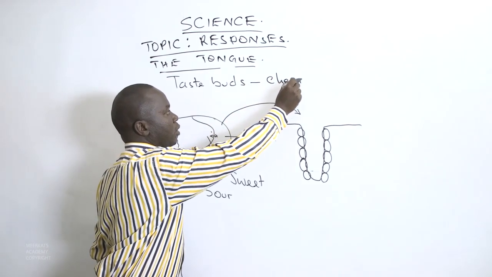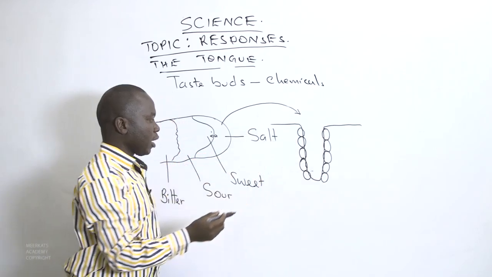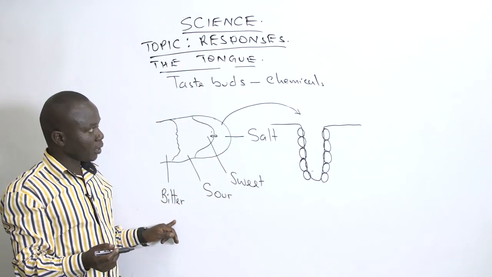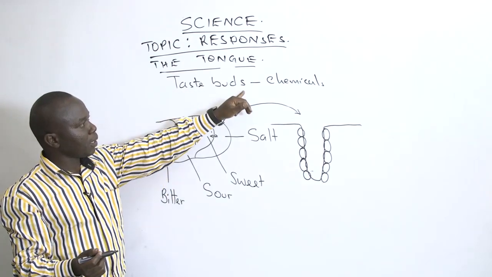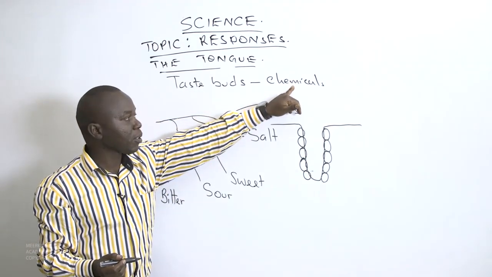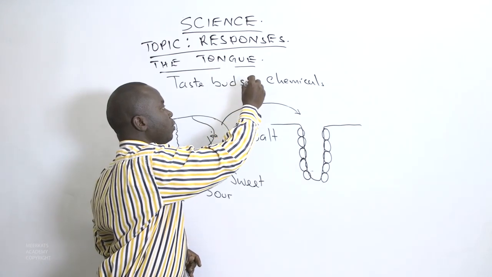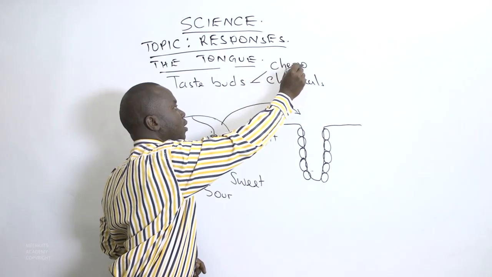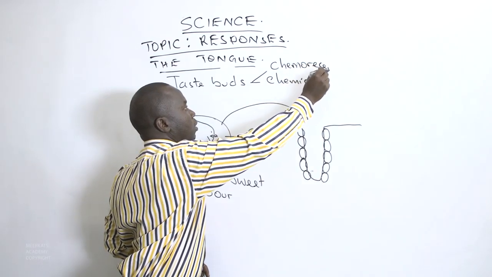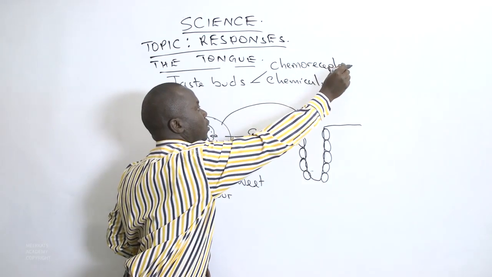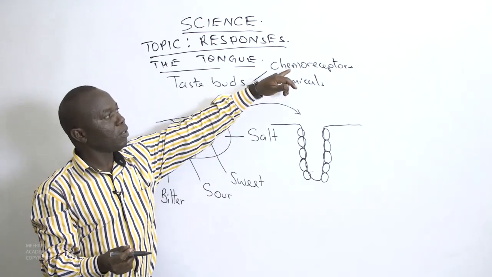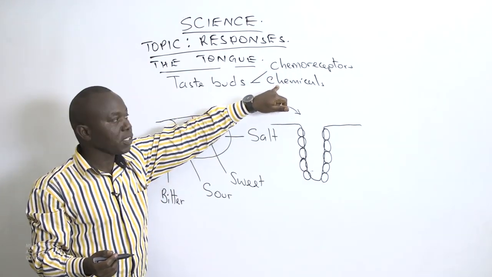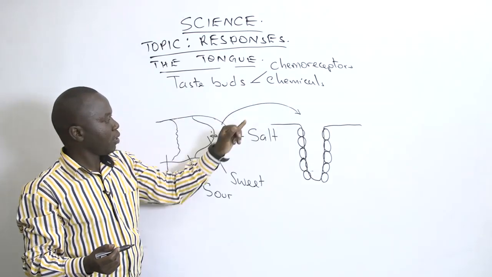So chemicals are the ones that give rise to different types of tastes. And because taste buds are able to taste chemicals, they are said to be chemoreceptors. So taste buds are chemoreceptors. Why? Because they are able to detect different types of chemicals.